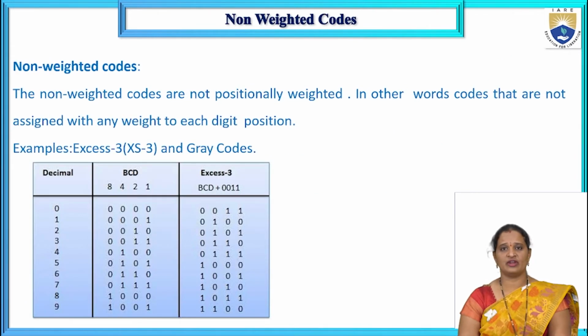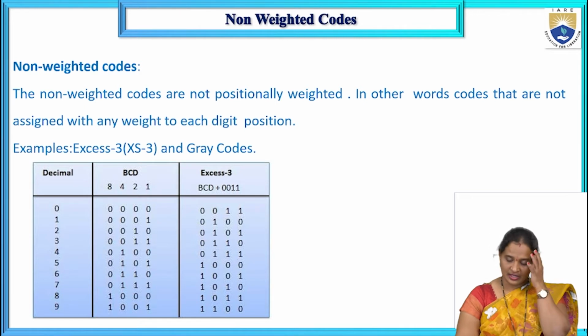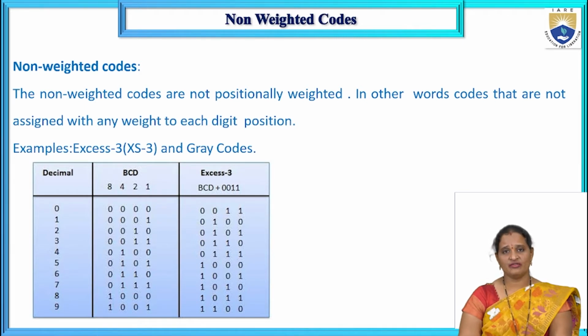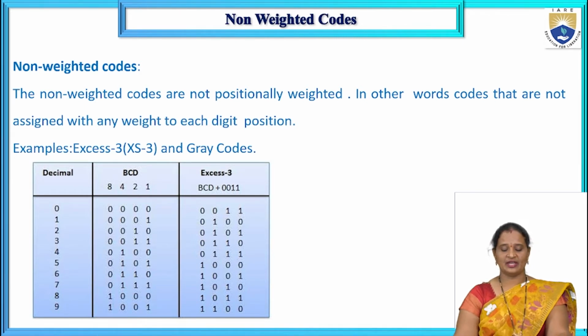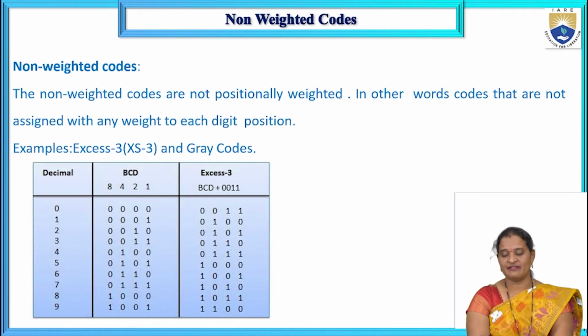Now coming to the non-weighted codes. As we have seen in weighted codes, each and every bit position has a positional weight. Whereas non-weighted codes, as the name itself indicates, are not positionally weighted, which means there are no positional weights available in non-weighted codes.